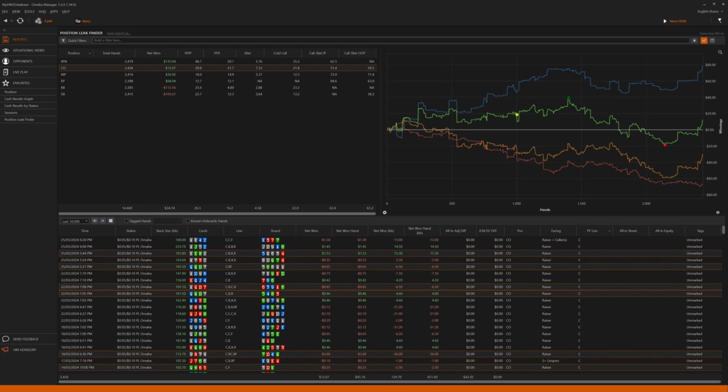But I recommend Holdem Manager 3. I think it's pretty cool, and this is pretty easy to set up and pretty easy to find my leaks.